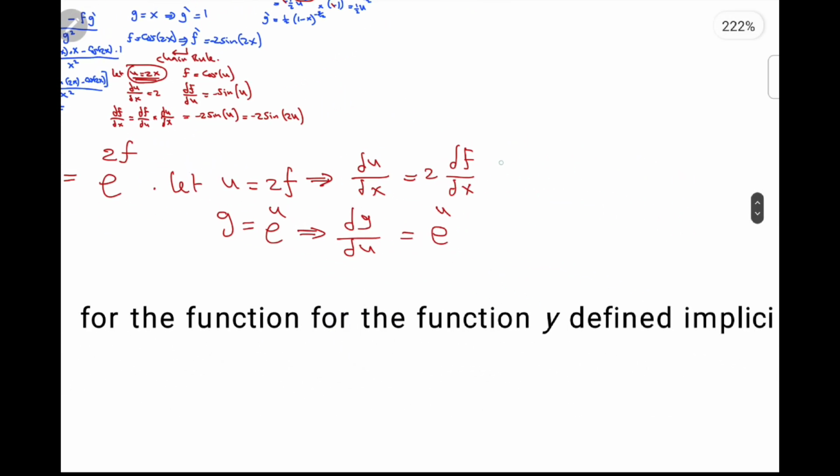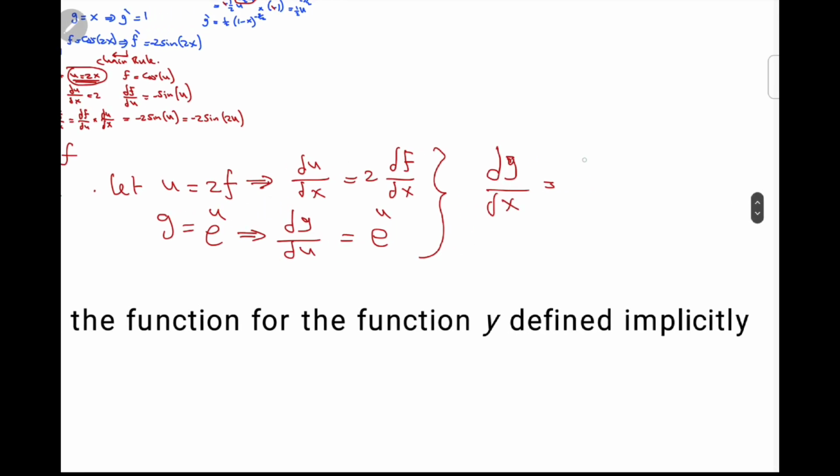Therefore, we can use the chain rule to say that dg by dx, that's the derivative we are looking for, is simply equal to dg by du times du by dx.